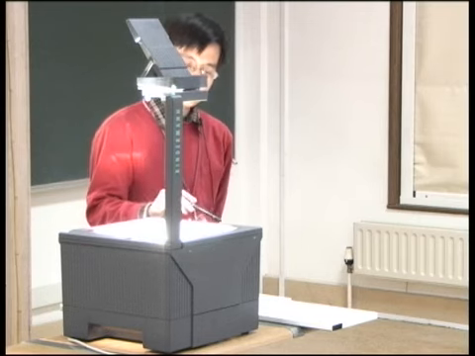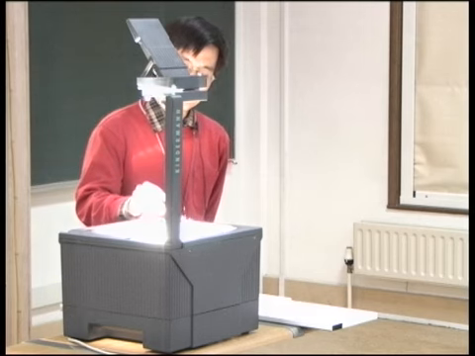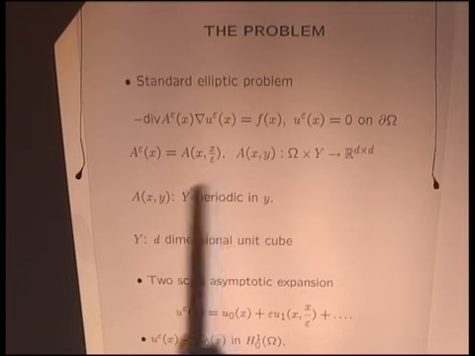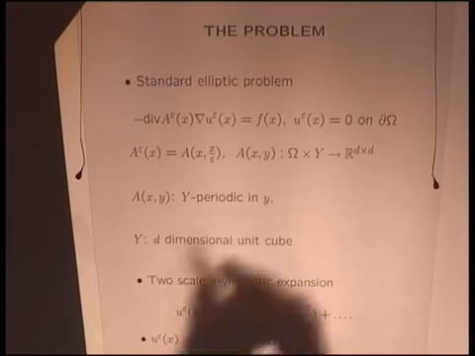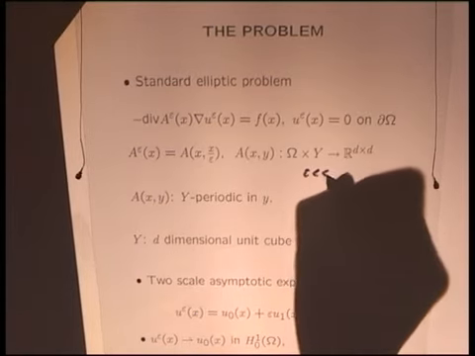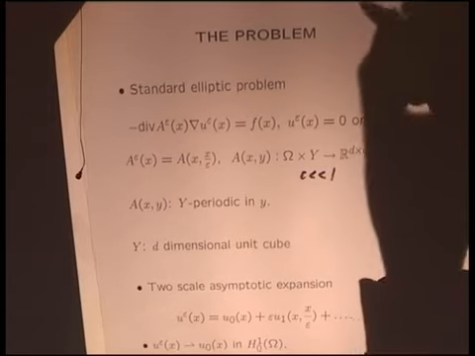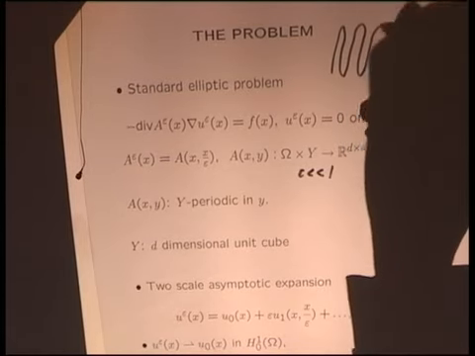So A epsilon of x is A of x and x by epsilon. Here I need to say that epsilon is very much less than 1. So you can see that A epsilon changes very fast from point to point. So it looks something like this.